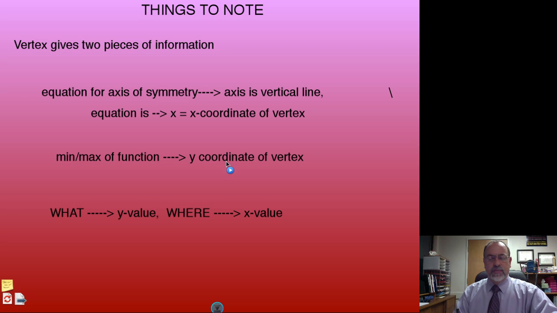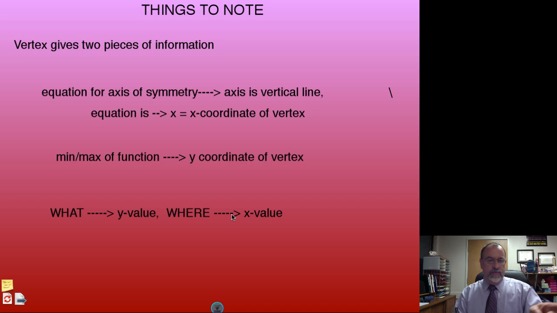Right? Now there are a couple of words that are very important when you're reading a word problem. When it says what is the maximum, I want to know what the y value is. What is the maximum? What's the highest point? How high does it go? What's that number? When I say, where is the maximum or minimum located, I'm looking for the x value.